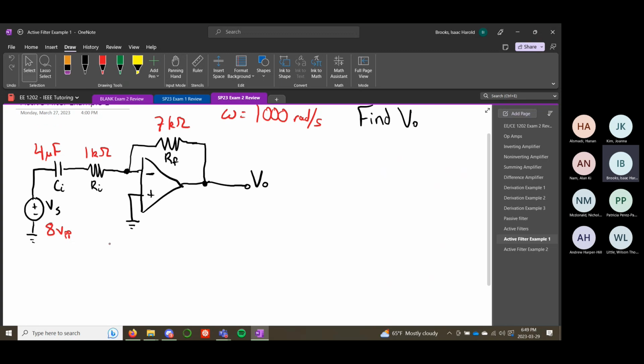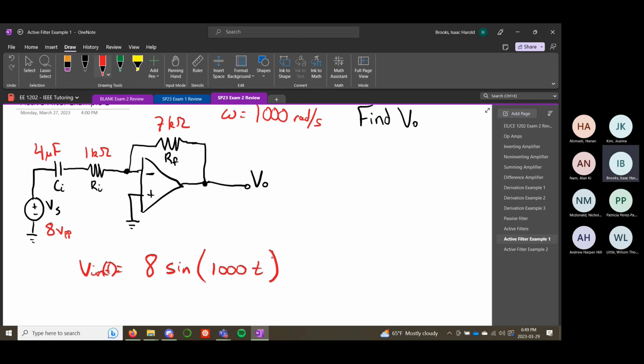And let's make this a little bit more complicated. Instead of just saying 8 volts peak to peak, if we were to get a sinusoid, we could say that our input voltage, V in of t, equals 8 times the sine of 1000t.